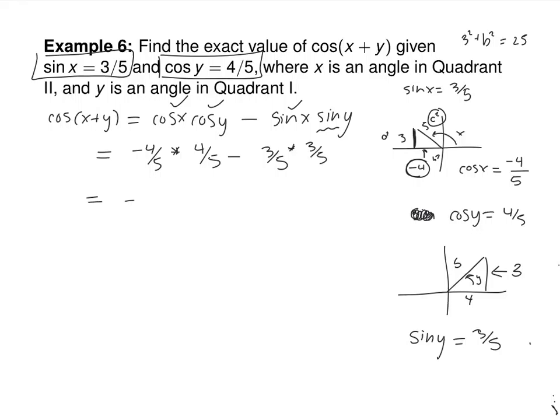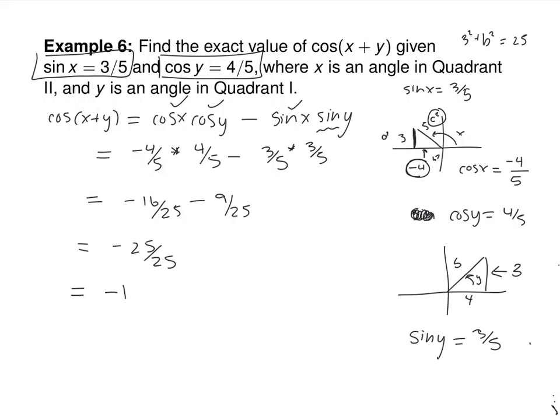So that's -16 over 25 minus 9 over 25. What is -16 minus 9? -25. And that simplifies to -1. Awesome.